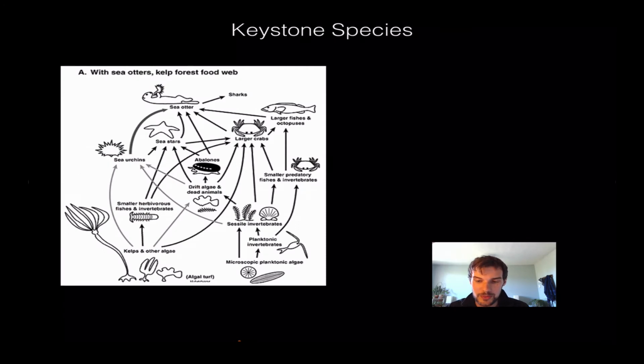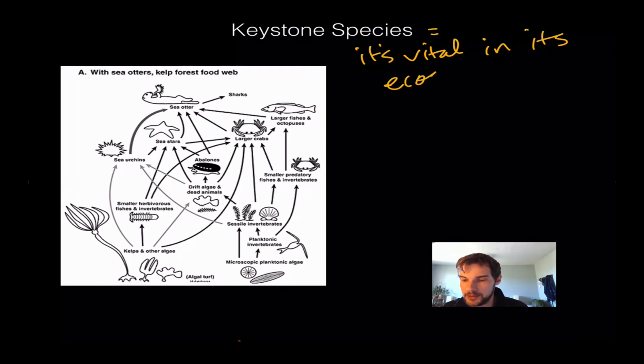So a keystone species is one where it's vital in its ecosystem. So if we were to remove it, that means that other parts would collapse in the ecosystem. So sea otters are a great example.